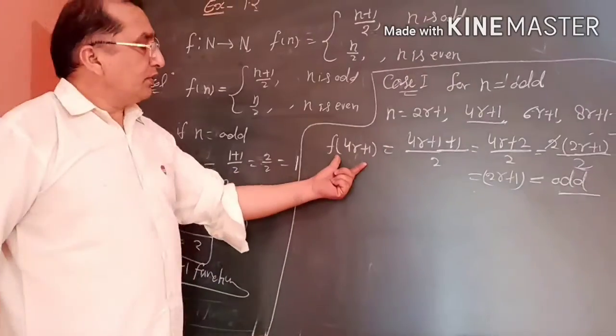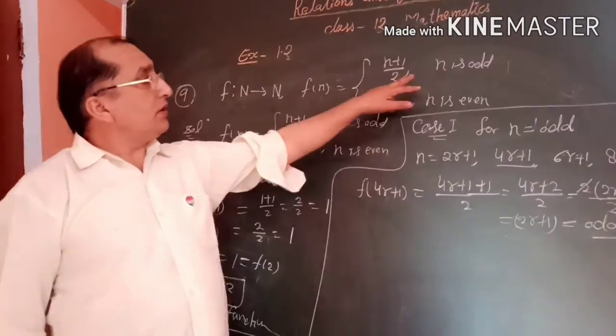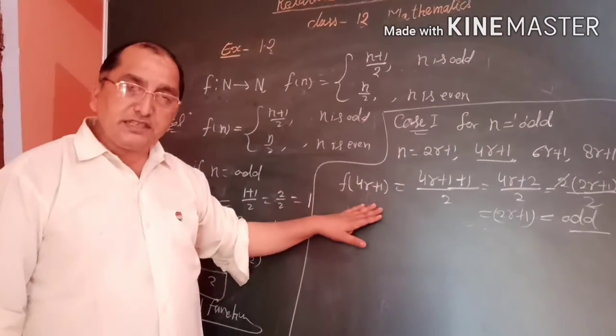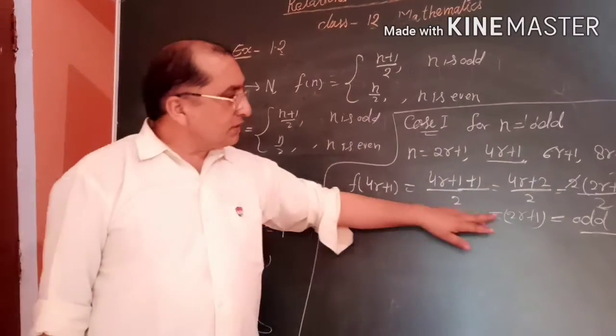Now see, 4r plus 1 is an odd number. By putting this value in the odd function, we are getting 2r plus 1.